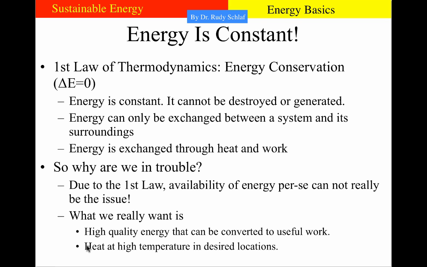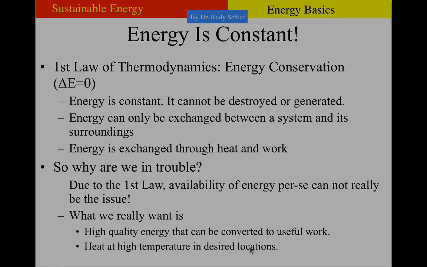Another way to look at it, at least for heat engines, is that we want heat at high temperatures in desired locations, such as inside a combustion chamber, for example. It doesn't help us when the heat is distributed as a low temperature heat over a large area in the environment, because then, again, we cannot convert it to useful work.